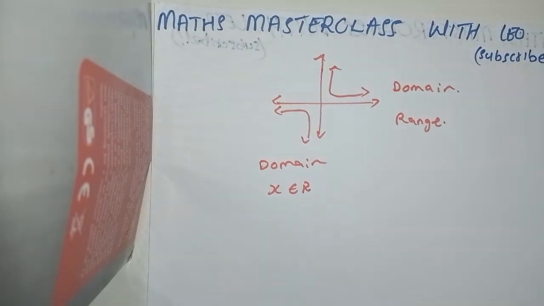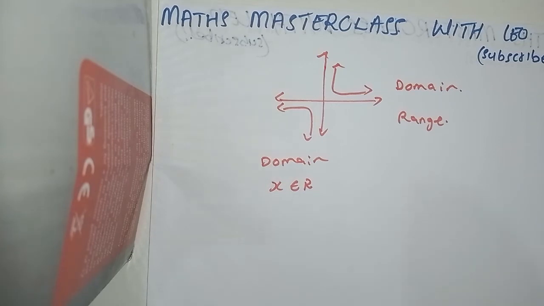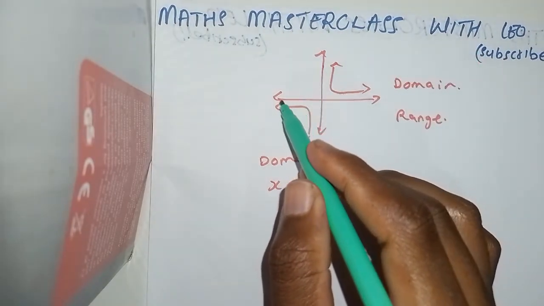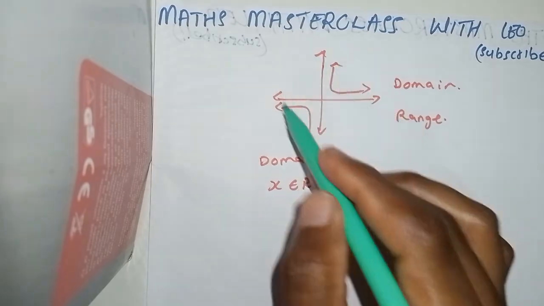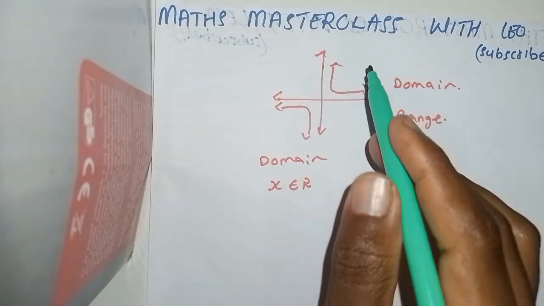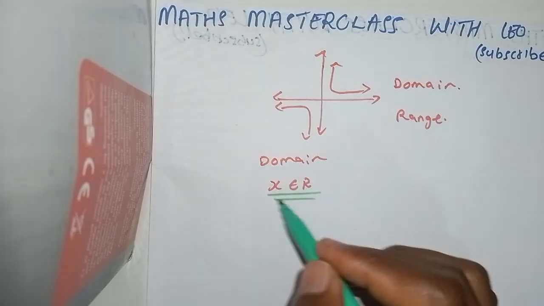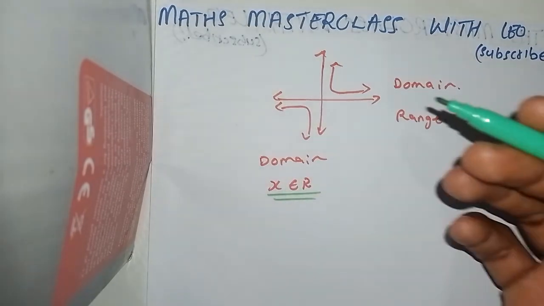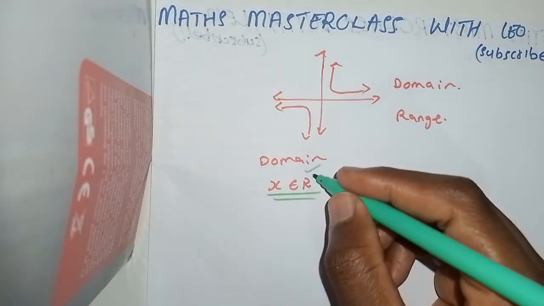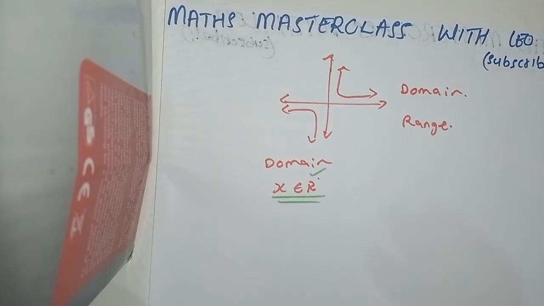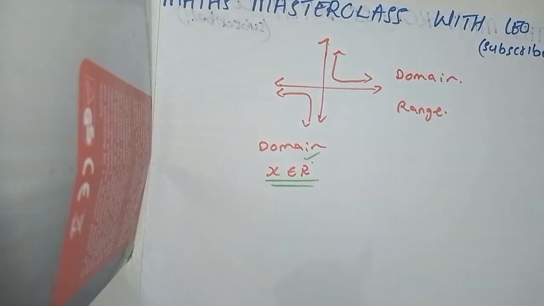If I say x is the element of real numbers and leave it like that, I'm saying my graph lies throughout, but we have conditions. Yes, this is correct, but this alone is an incomplete statement, and it will never give you 2 or 3 marks.